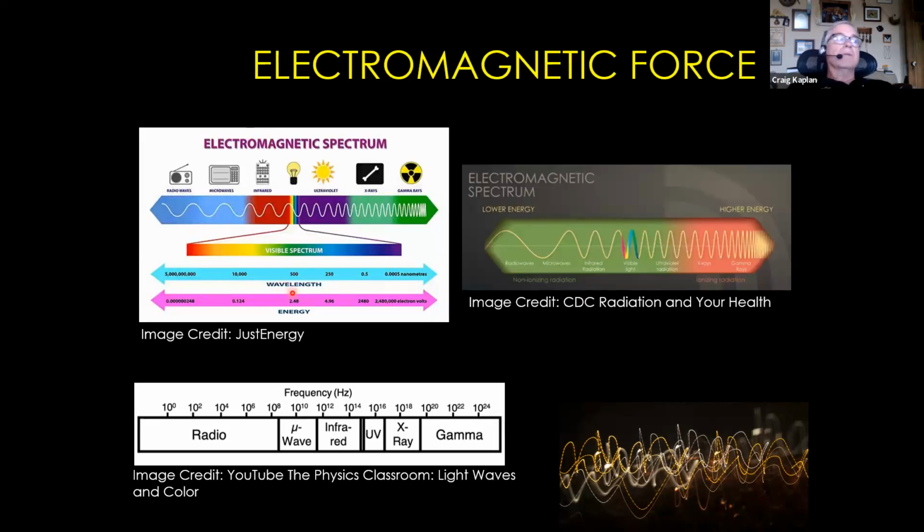So these are a couple different examples of the electromagnetic spectrum. In these cases, the slower electromagnetic waves are on the left, and the faster ones, the ones with higher frequency, are on the right. So the slowest electromagnetic waves we usually deal with are radio waves. And then our microwave ovens are slightly higher frequency than radio waves.